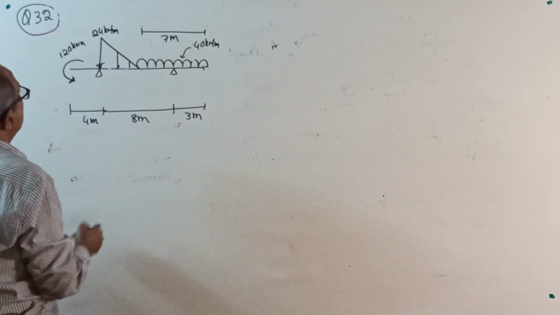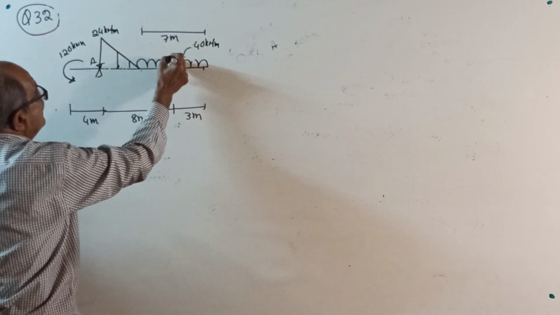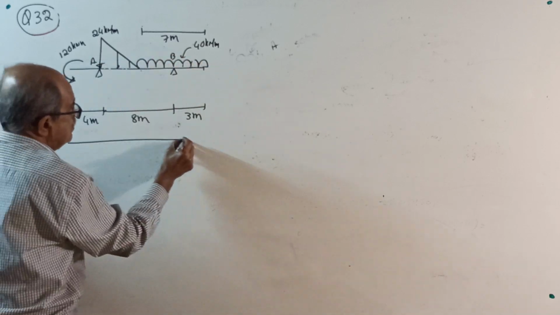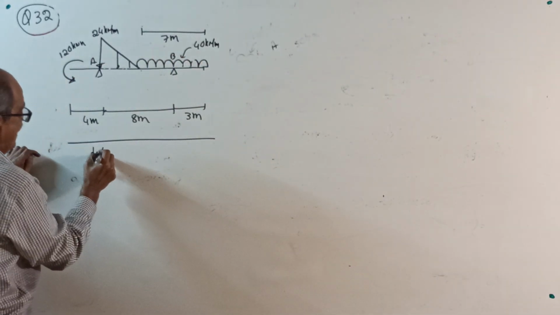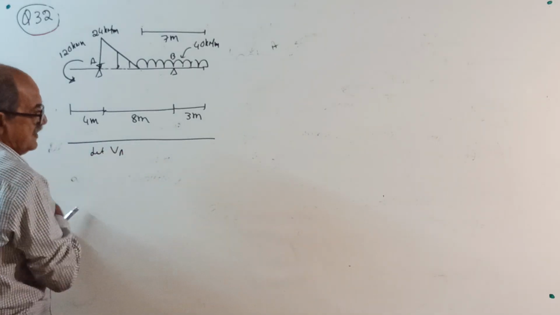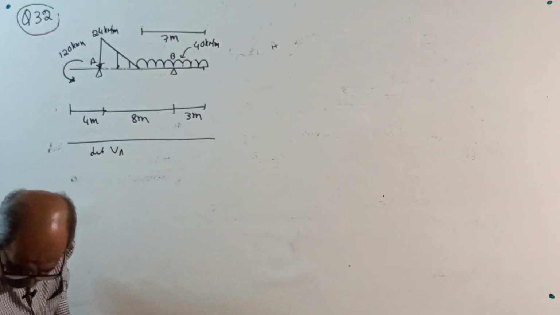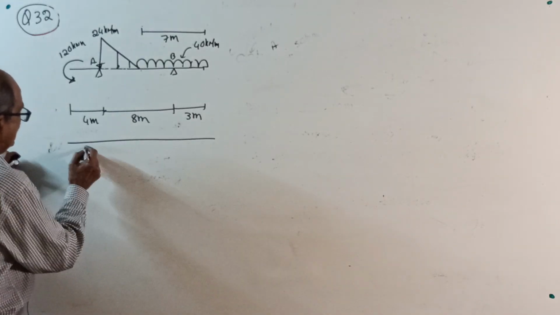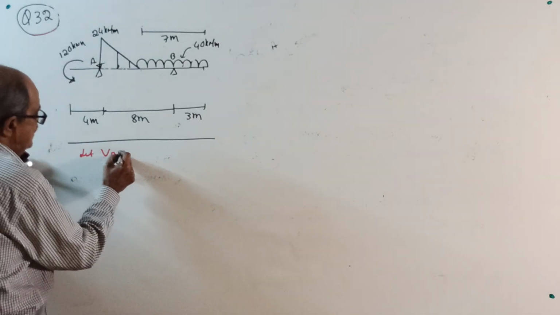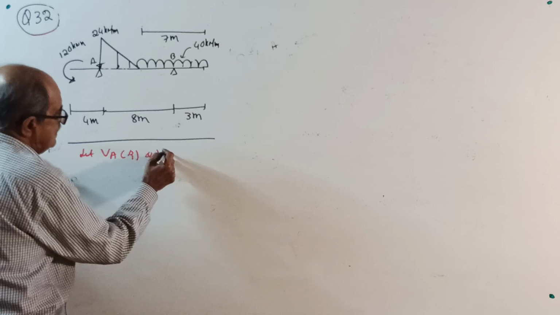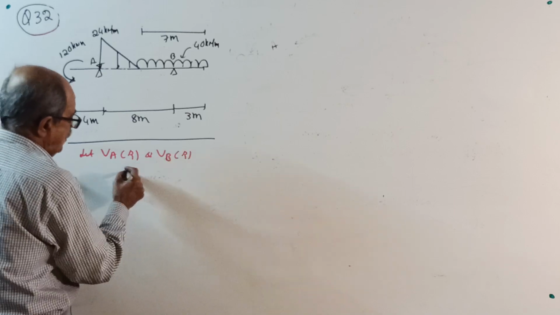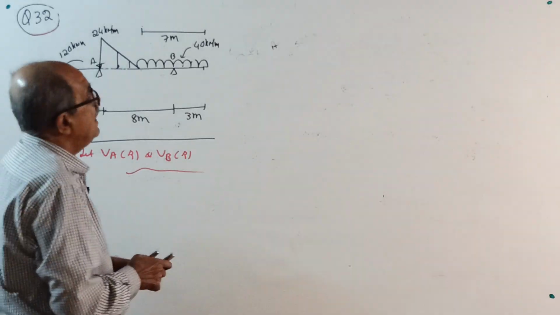Okay, this is the question. A and B here. Usual statement: let VA upward and VB upward be the vertical reactions at A and B as shown.